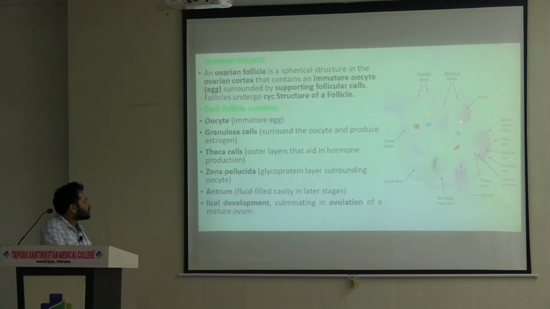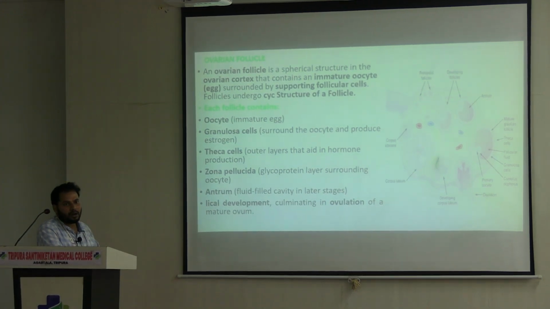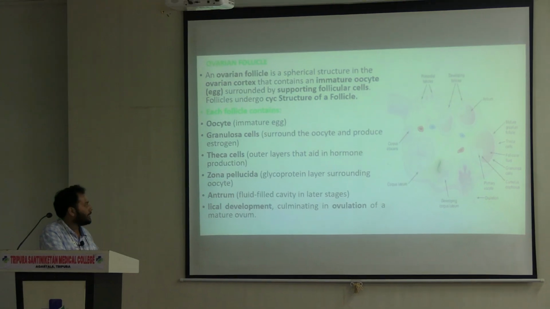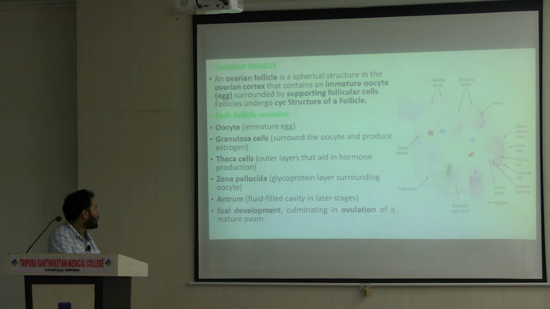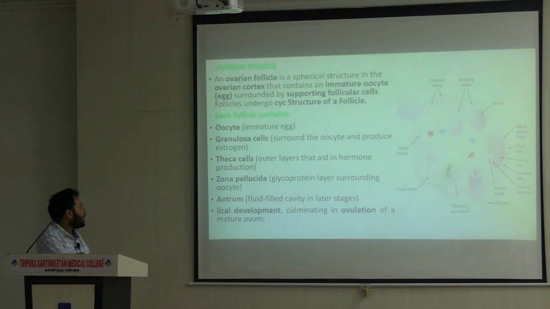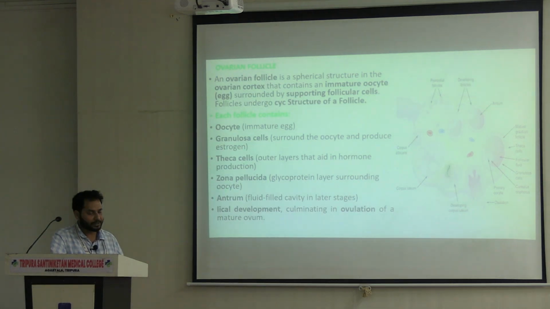And you can see the structure of the antrum here during the developmental phase of the immature oocytes. We can see the structural changes here. The antrum is a fluid-filled cavity found in the later stage of oocyte maturation, and after the maturation of the oocyte or egg cell, it is released into the fallopian tube, which acts as the site for fertilization.